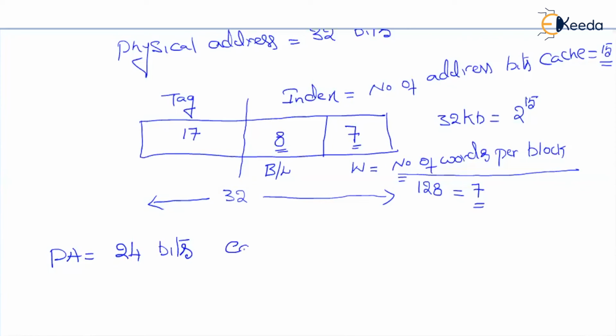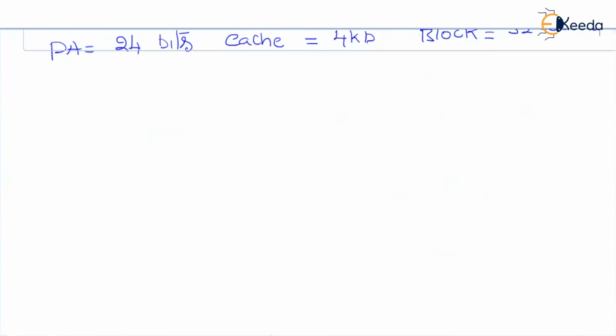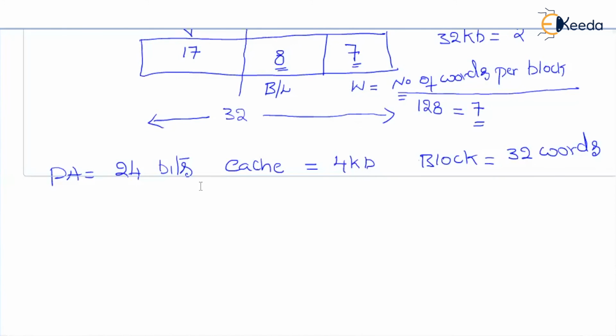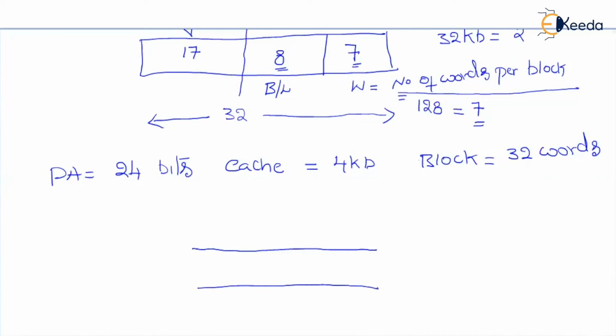Cache is 4 KB, and the size of the block is equal to 32 words. So what should we do? Initially, we need to have these 24 bits in total.